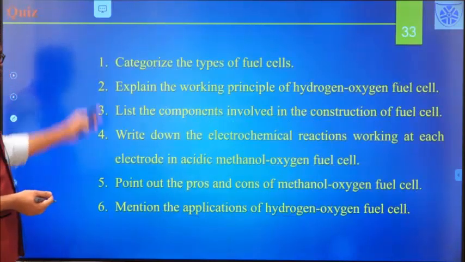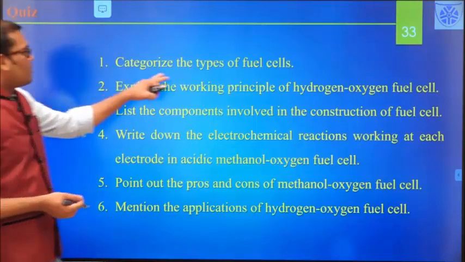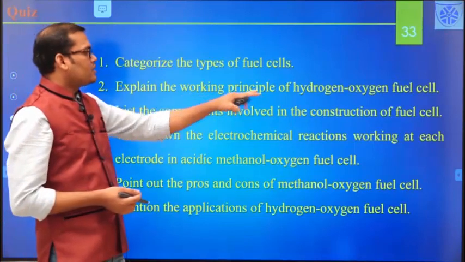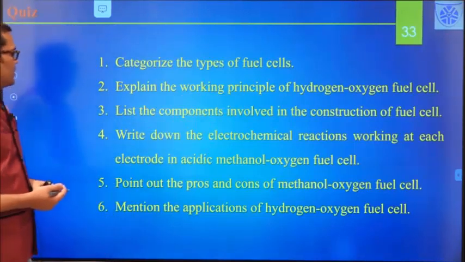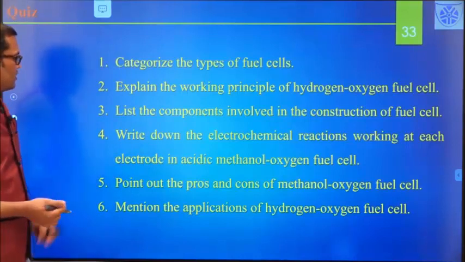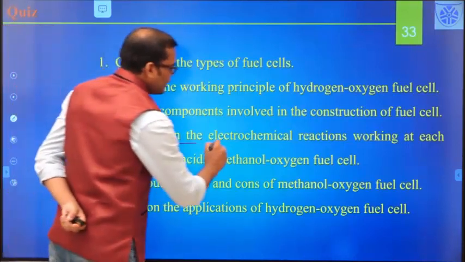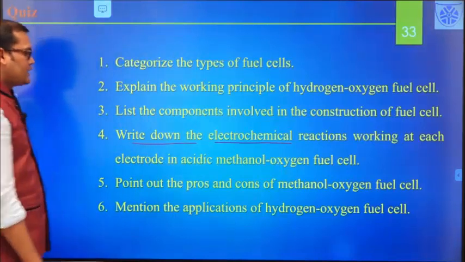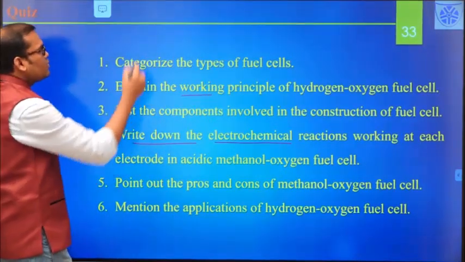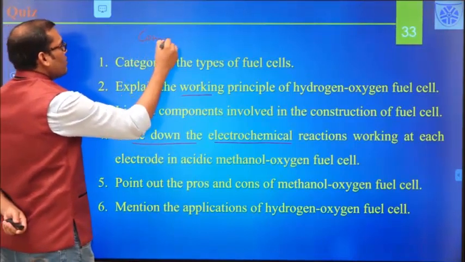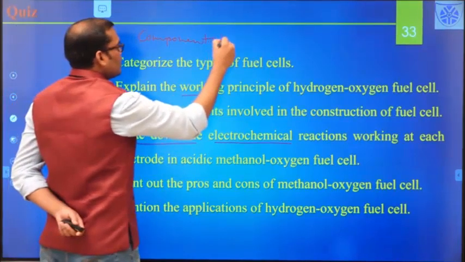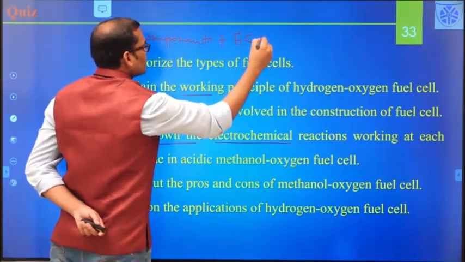Some of the questions you can prepare from this: categorize the different types of fuel cells, explain the working principle of the hydrogen oxygen fuel cell, and list the components involved if you want to construct a fuel cell. Then write down the electrochemical reactions at each electrode, which is a very important question. Whenever you talk about the principle, you need to mention the components involved in that fuel cell plus the electrochemical reactions.